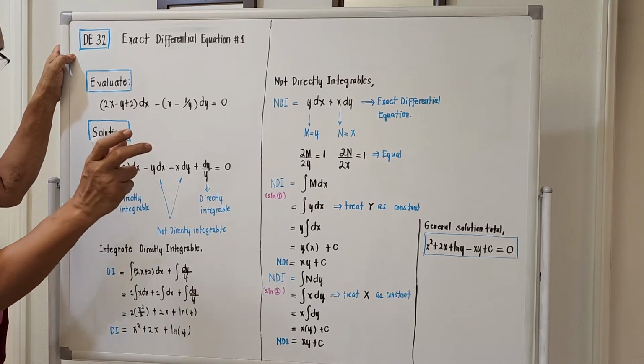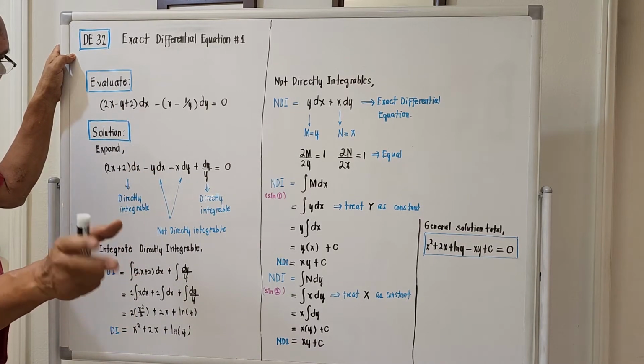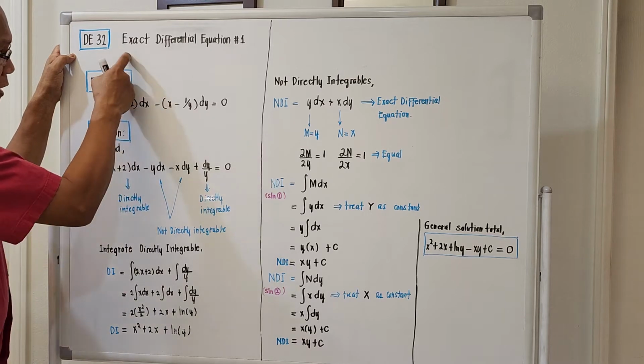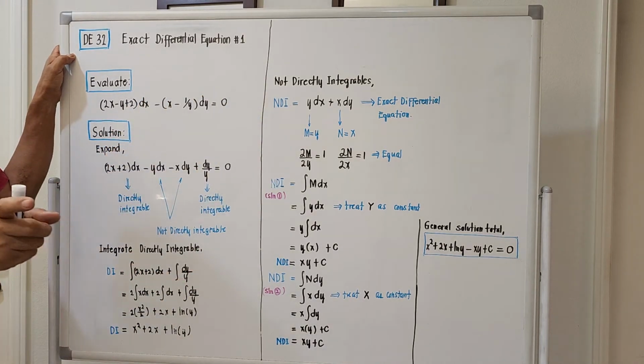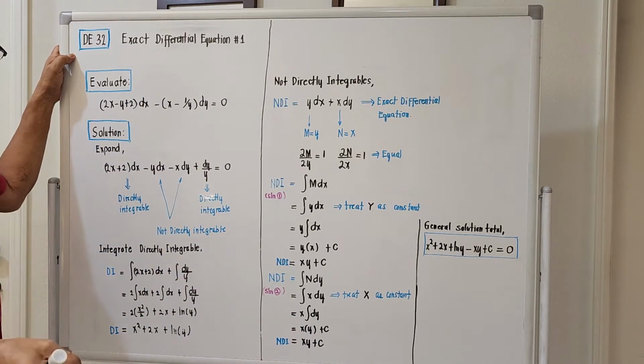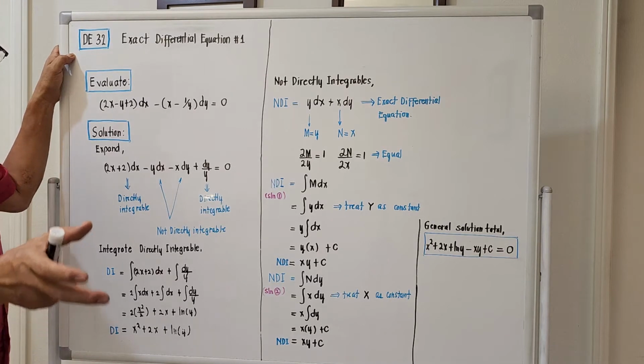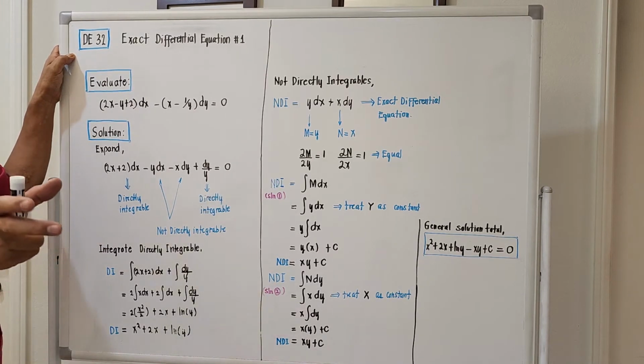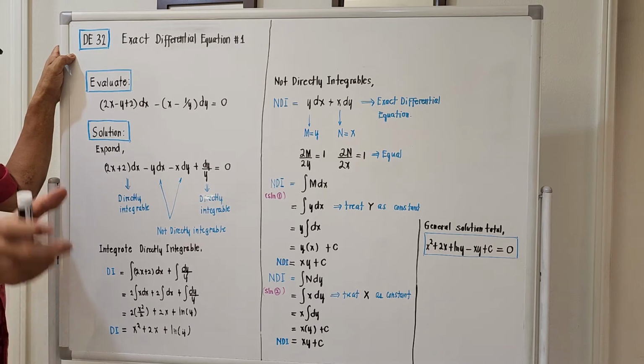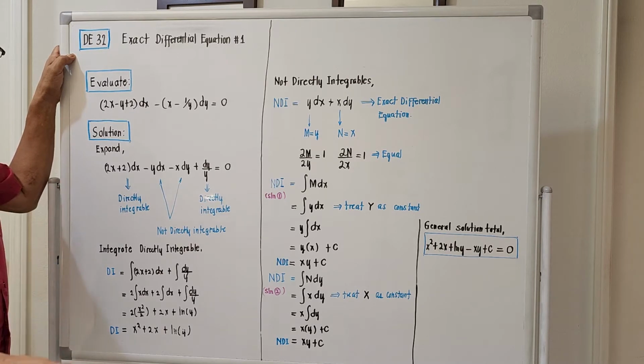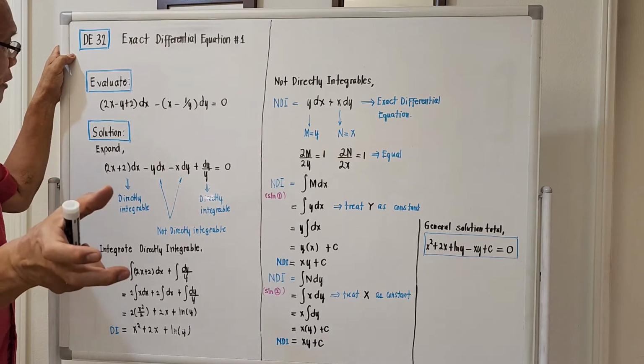The topic is differential equation, and the exact topic is exact differential equation. This is the fifth type of differential equation that we have been studying. I will give you an example problem on how to evaluate an exact differential equation for tonight. Okay, let's proceed.